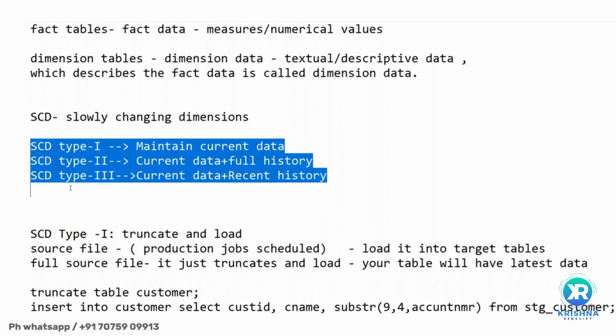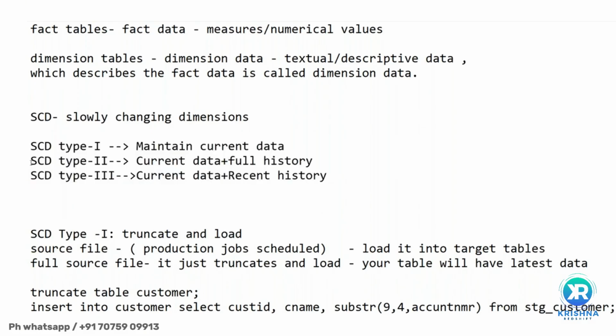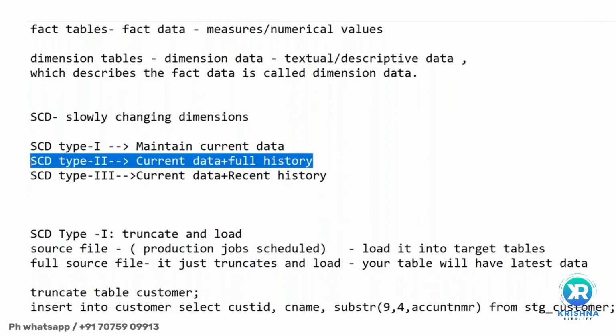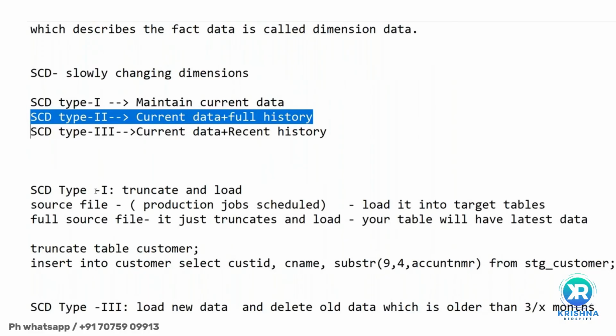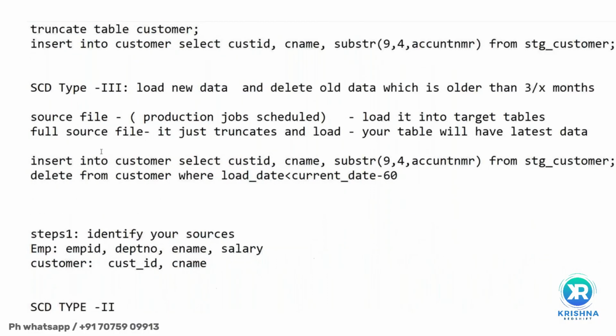Even nowadays, not in every interview, but I am getting questions on SCD type 2, type 1, type 3. It is of such high importance. I would suggest you do some reading on SCD type 1, type 2, type 3 before coming to the next session.